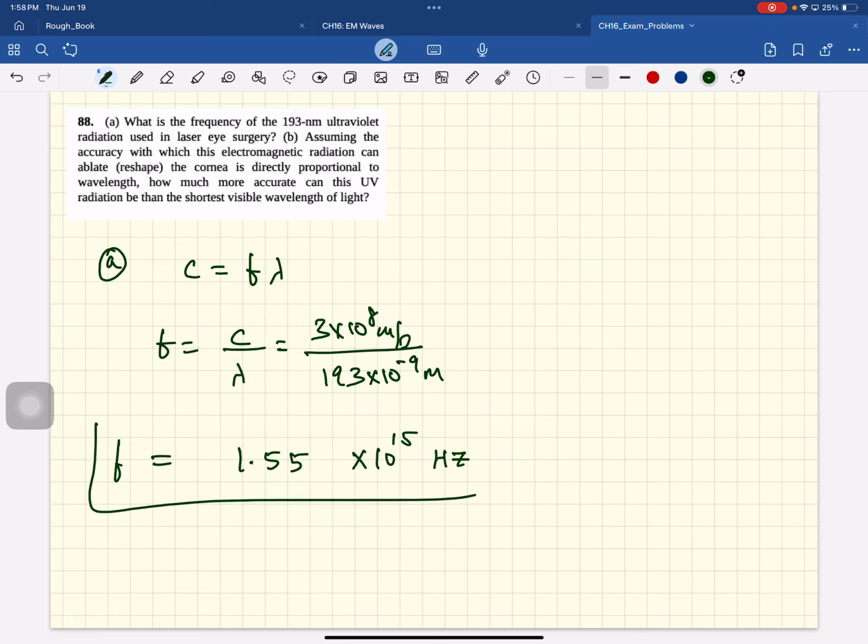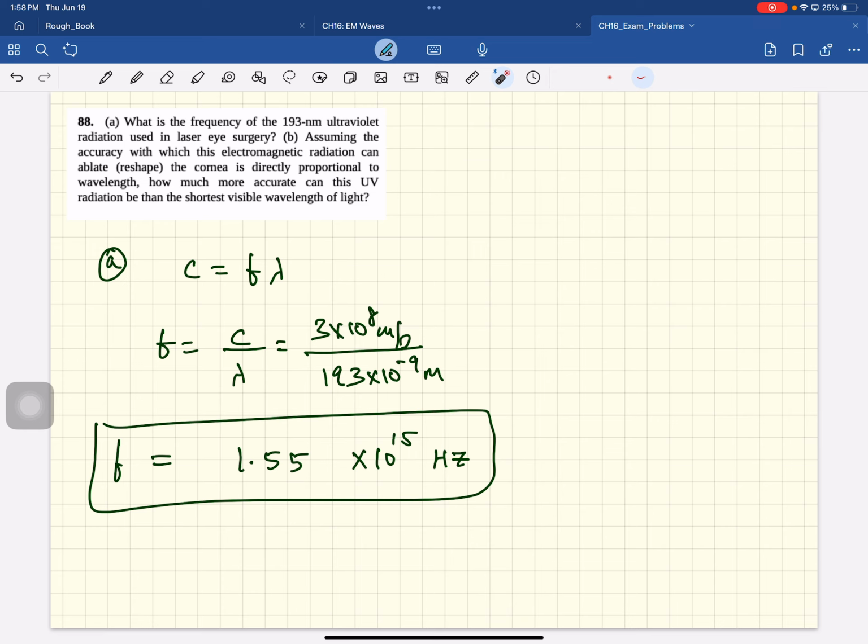That's the frequency. By the way, what is the visible range? 400 to 700 nanometers. Okay, so this is a UV light, as it says, 200 nanometers. So why are we using this? Because our eyes can't detect it.